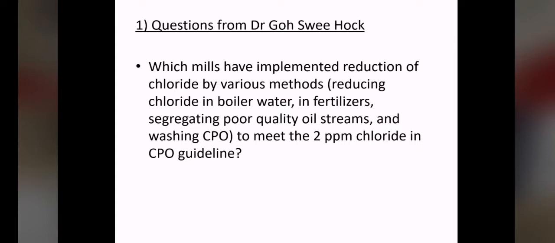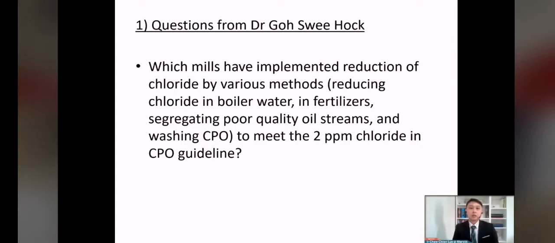Yeah. To answer these questions, in some of our plantations, we actually didn't have a mill that comprised all these methods, I mean CPO washing, fertilizers, and segregation. But for us, we have practice in terms of oil segregation and fruit quality segregation, particularly on the premium oil or the superior oil qualities, where we do these segregations to improve the overall quality and the Cl content.